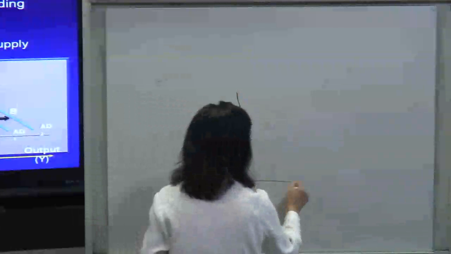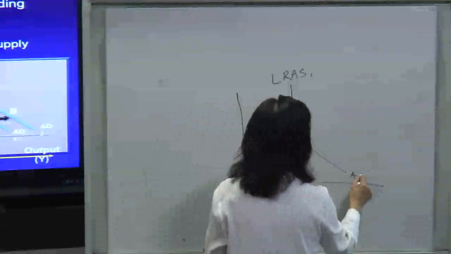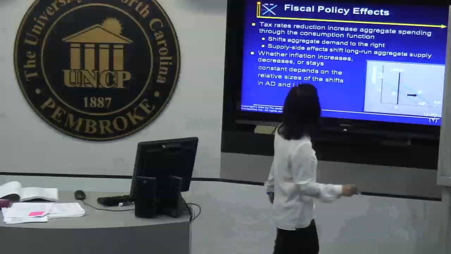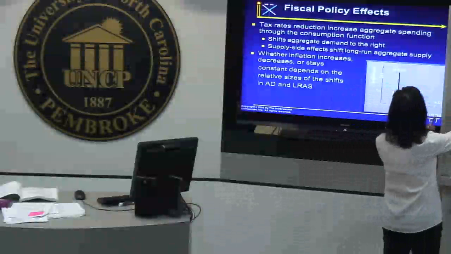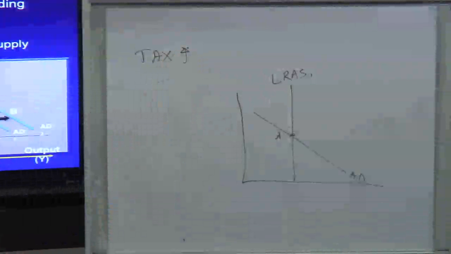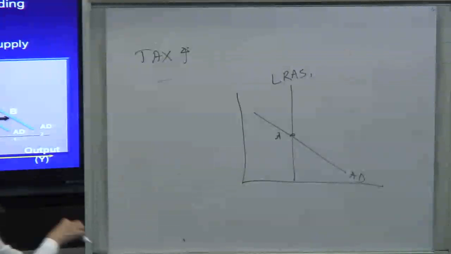So if you have the graph, this is the last graph I'll draw. You can draw it with me. So if you have your LRAS like that, and then you have an AD curve, let's call this point A. Okay, the scenario is you're going to have a tax reduction.